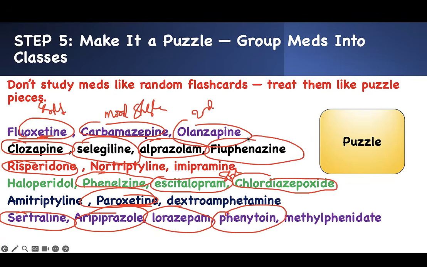Fluphenazine. It's a first generation antipsychotic. It's the same thing as what? Haloperidol. Right? See what I'm doing? Now, I see nortriptyline is what? TCA, tricyclic antidepressant. Imipramine is also a TCA, and amitriptyline, you see, look the same as nortriptyline.